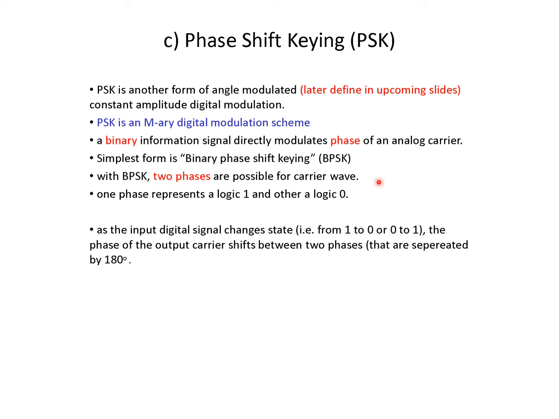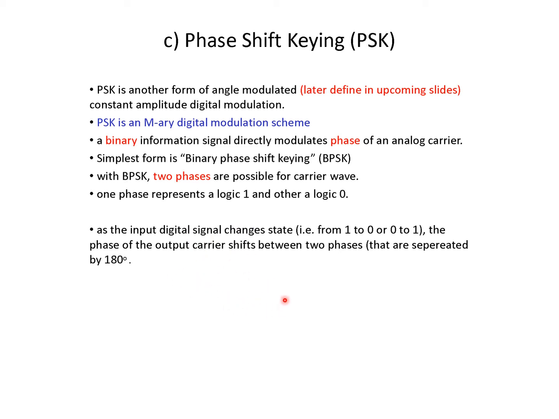Advanced schemes are there. We will discuss the basic binary phase shift keying, or it is generally called BPSK, 2 levels. In this, one phase will represent logic 1 and another phase will represent logic 0. Here, as we know, a signal has a total phase of 360 degrees.